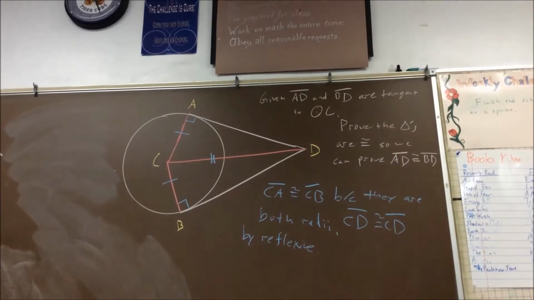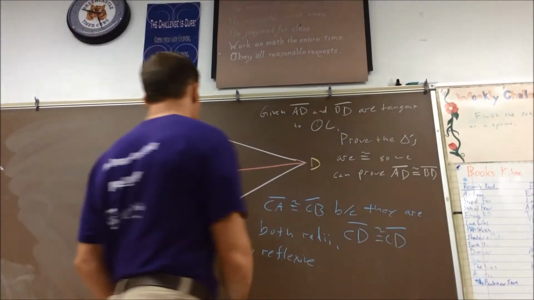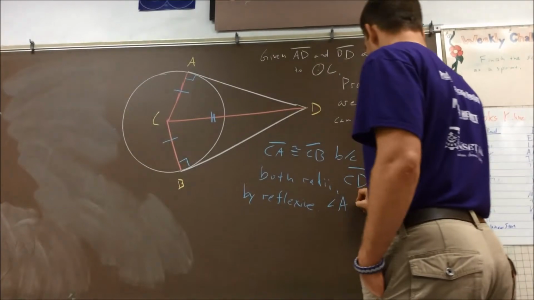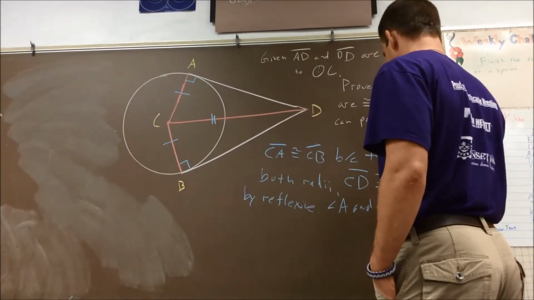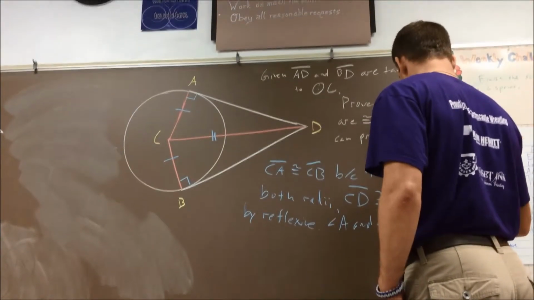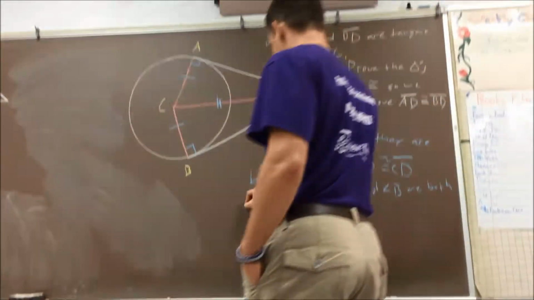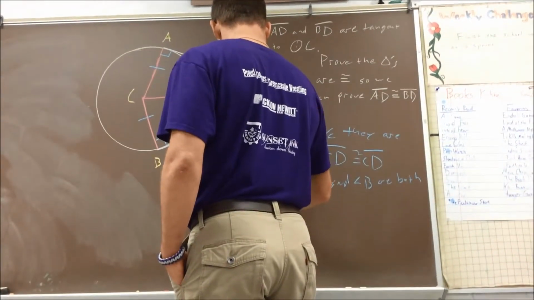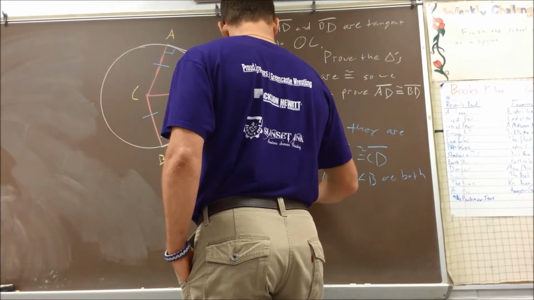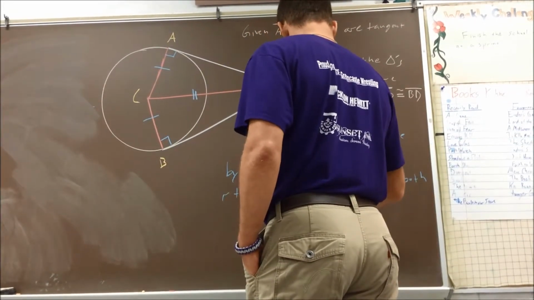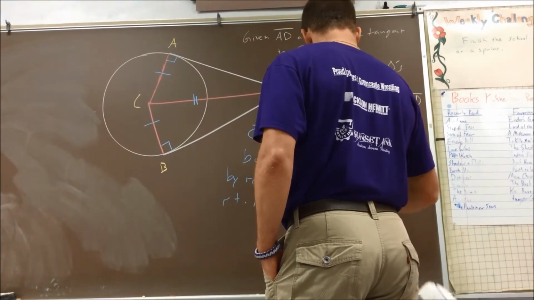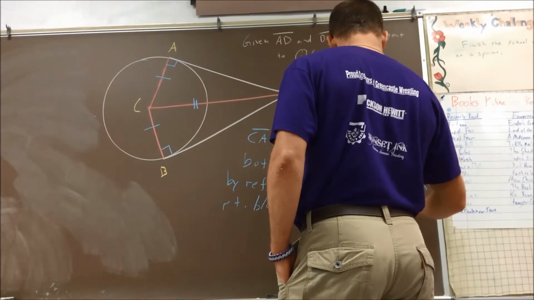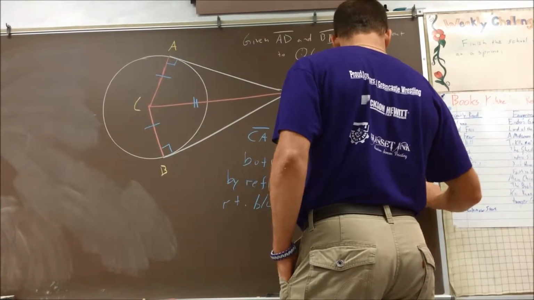So angle A and angle B are both right because the tangents are perpendicular. So angle A is congruent to angle B.